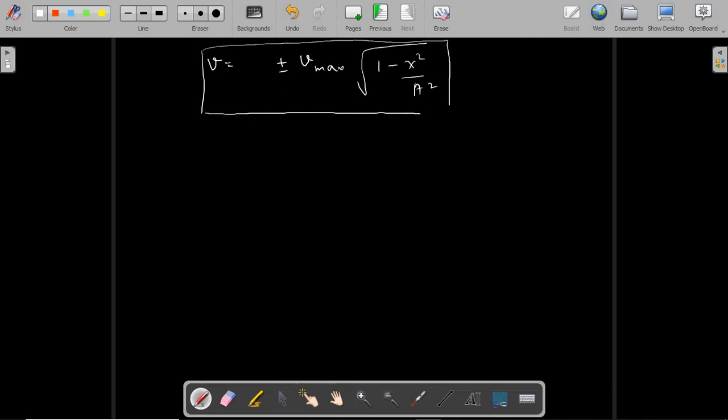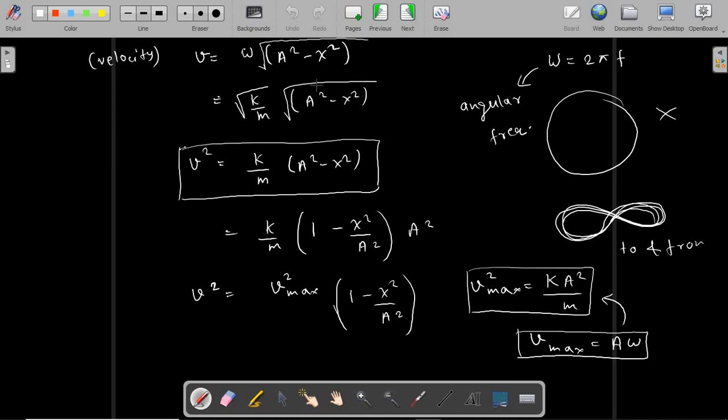Yes, that is the formula you should remember for the velocity in terms of x and a. These are the formulas that you need to remember according to the question necessity.